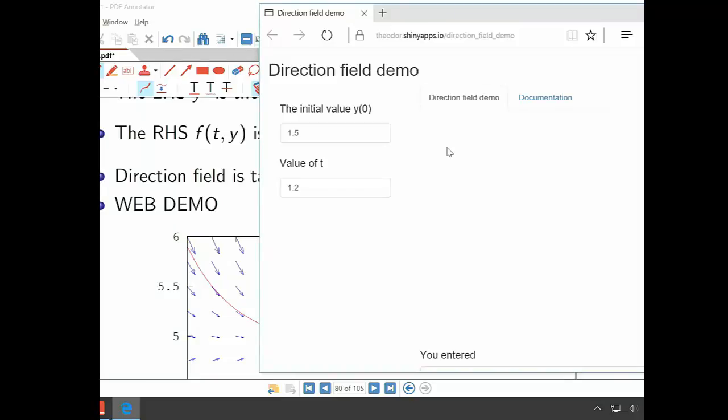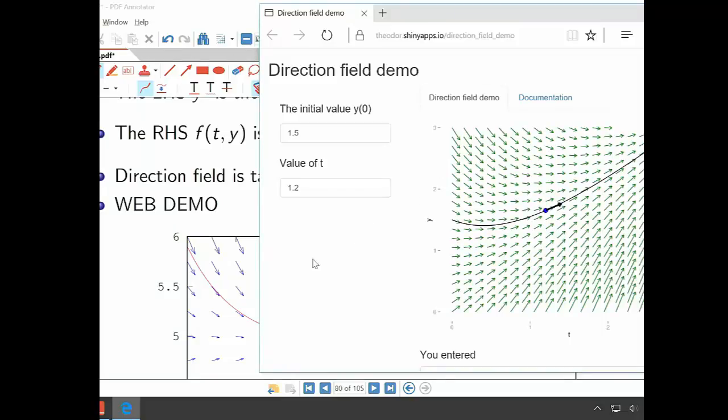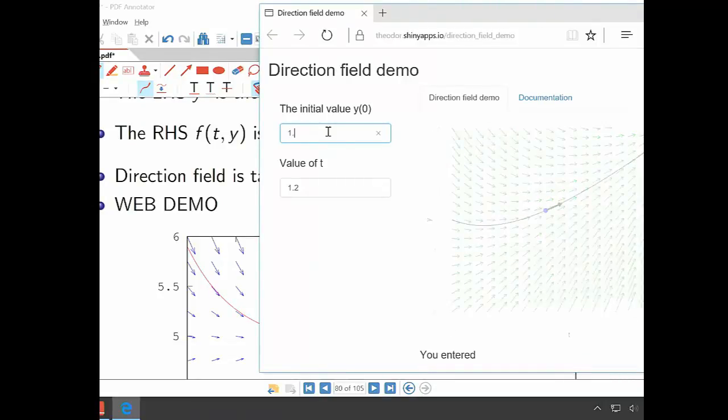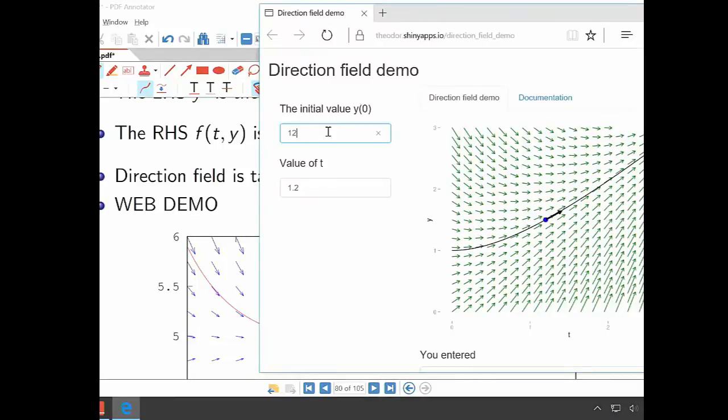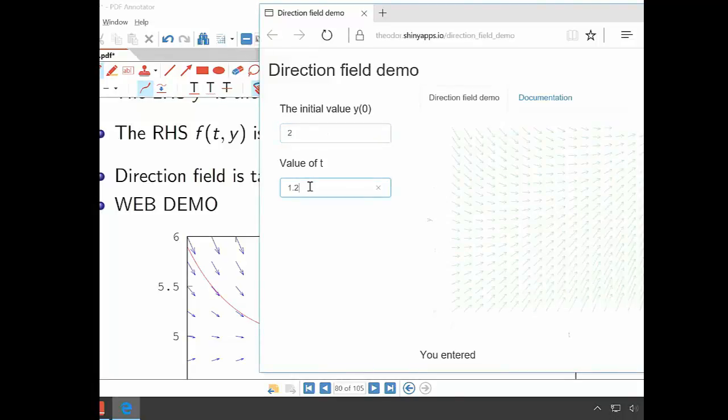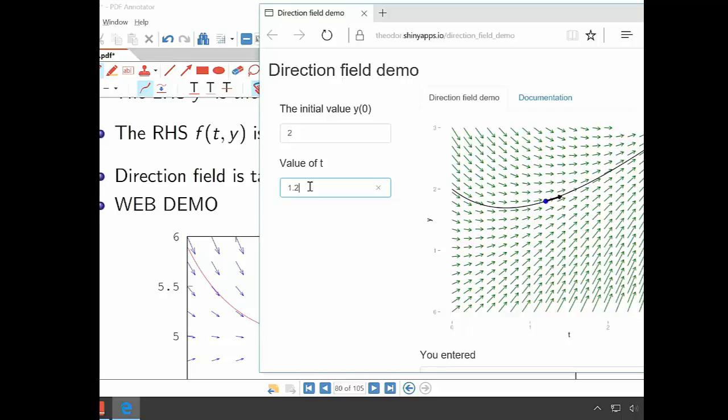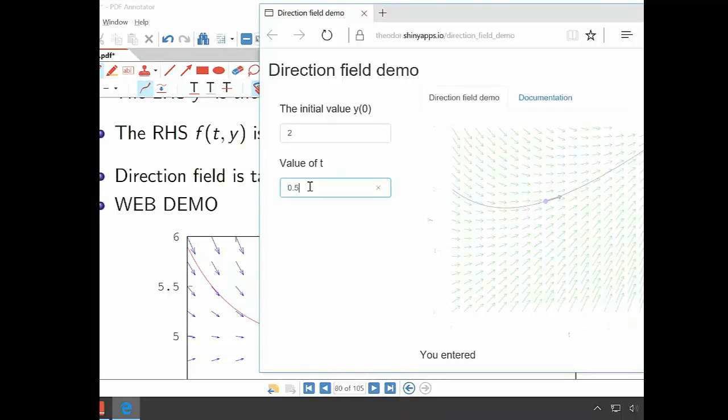So for example, you can add y of 0, say, let's enter maybe 2. No, 12 is too much. And then enter 2. And you can enter the value of t, so let me enter, say, 0.5.